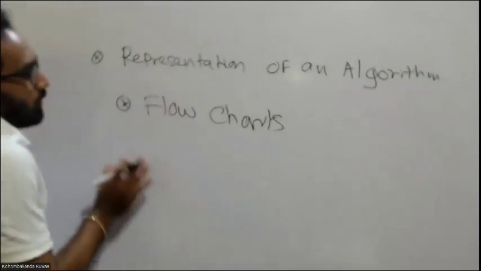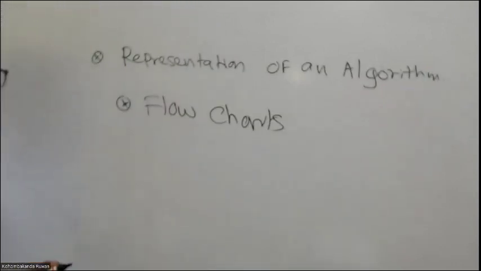There are two ways for this. One is a flow chart. That means we can represent an algorithm by using some kind of symbols. There are different kinds of symbols for this. Another one we have to discuss is pseudocode.